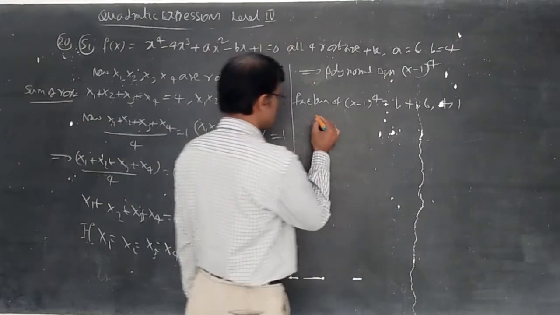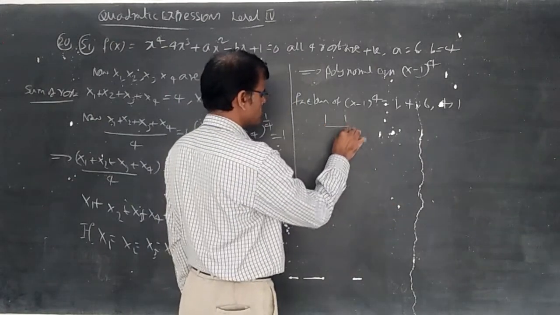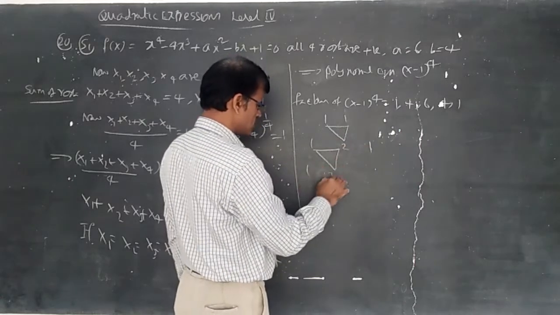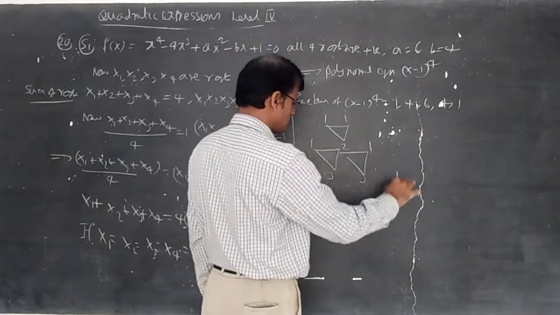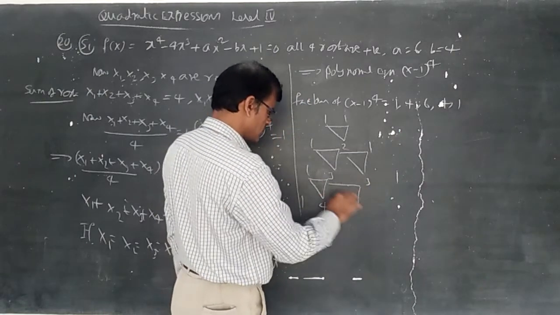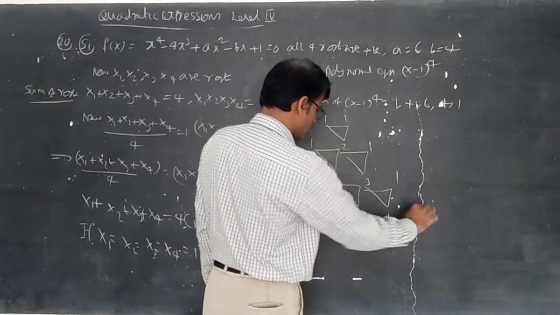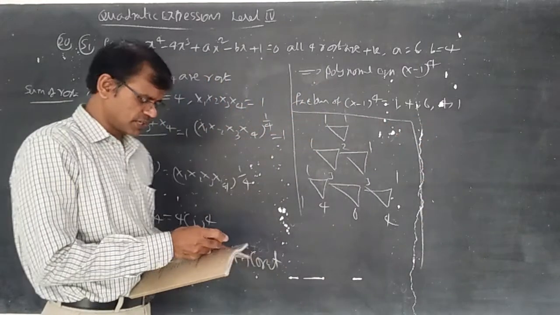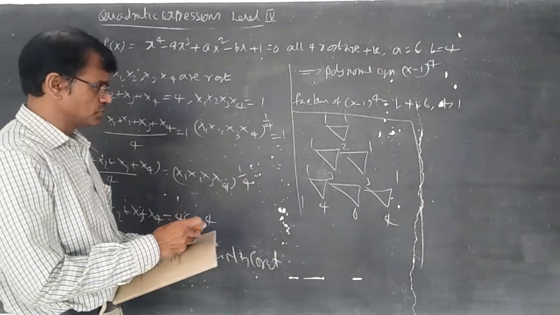The Pascal triangle is a concept like this, students: this is 1, this is 1 1, this is 1 2 1, this is 1 3 3 1, and here across 1, 4, 6, 4, 1. This is the rough work. I told you in first year, I think. In first year objective we use this one.